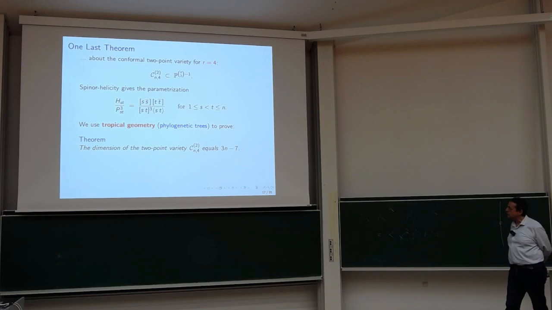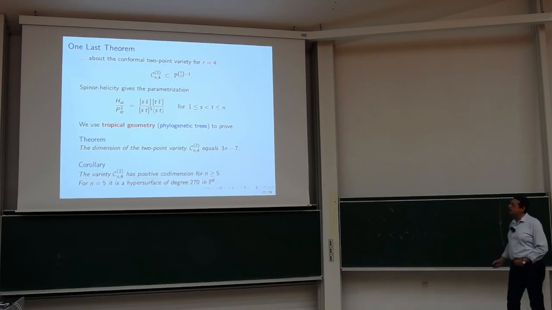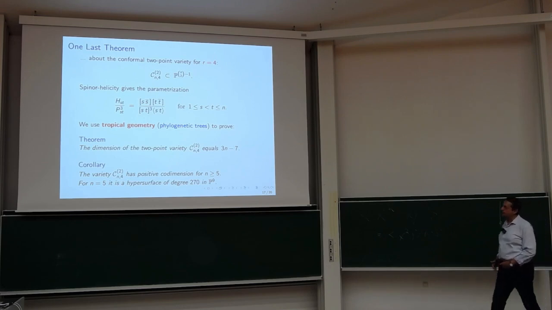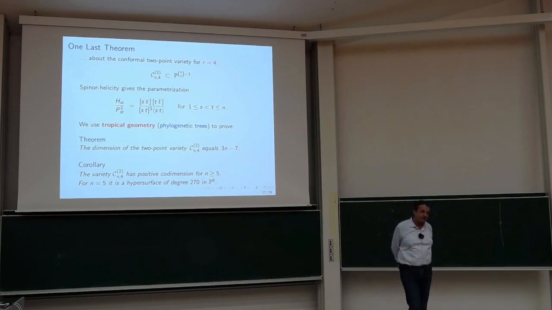So the dimension of this two-point variety is 3n minus 7, and we can also analyze quite carefully the smallest interesting case. If n is 5, then this is 15 minus 7, which makes 8.